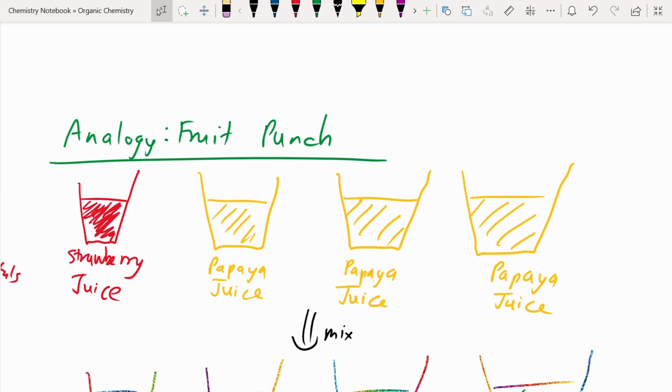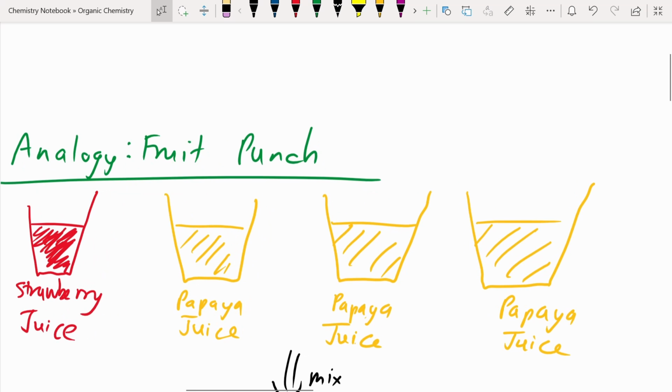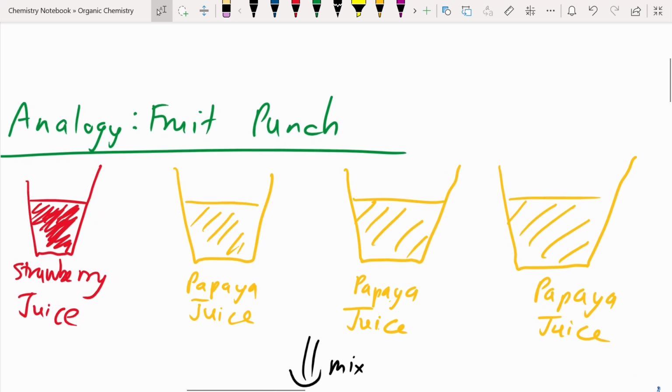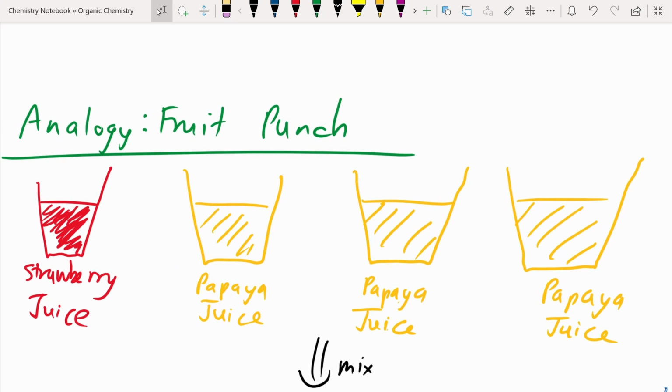So imagine you have invited 4 friends, and you want to treat them to a certain drink. So you decided to make your own type of drink. At home you have 1 strawberry juice and 3 papaya juice.